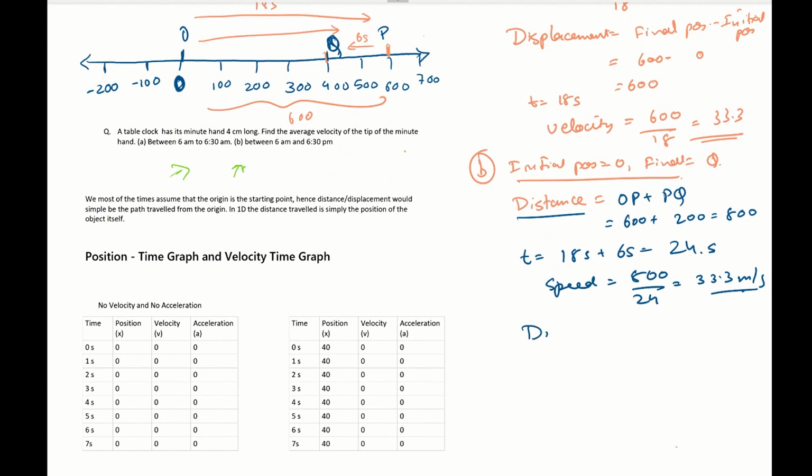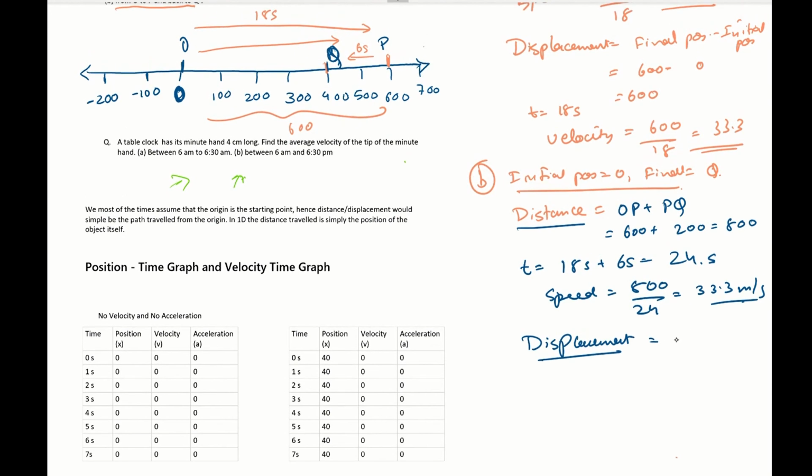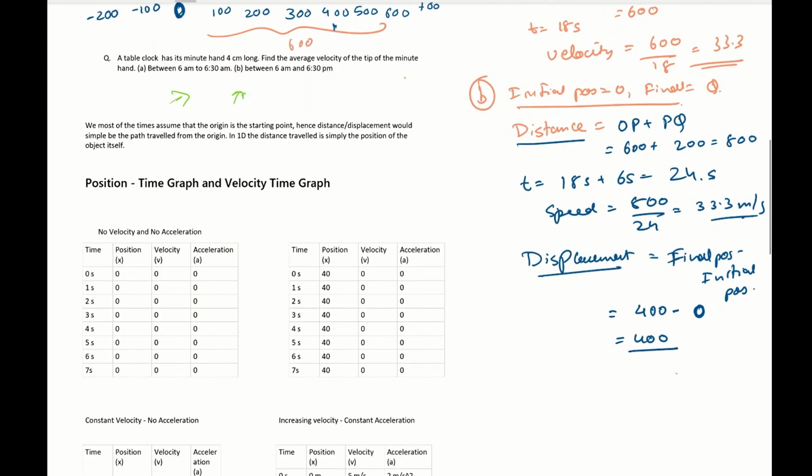Now, the displacement over here is equivalent to the final position minus the initial position, which is nothing but 400. The final position is Q, which is 400, minus the initial position, which was 0, making it 400. All right.